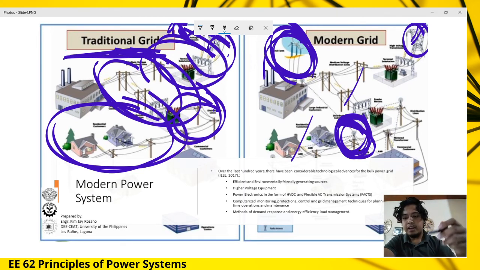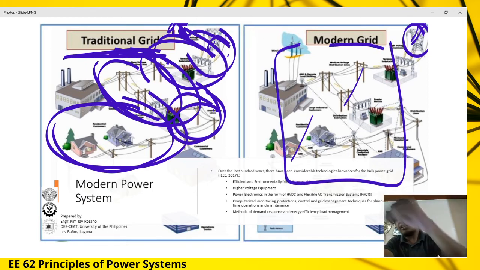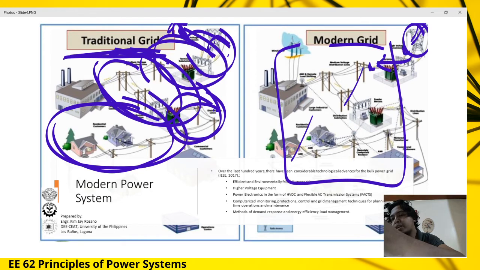And actually this computerized monitoring and protection is basically linked to your efficiency, kasi the idea is when you have an event within the power system, of course your power system is very large, like this one, let's say ganyan siya kalaki, and then you have an event here. So you want to develop a way to easily identify na, okay, nandito pala siya, dito siya nangyari. This is where my event happened.